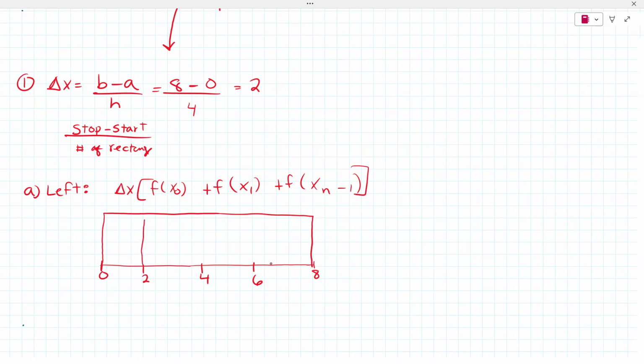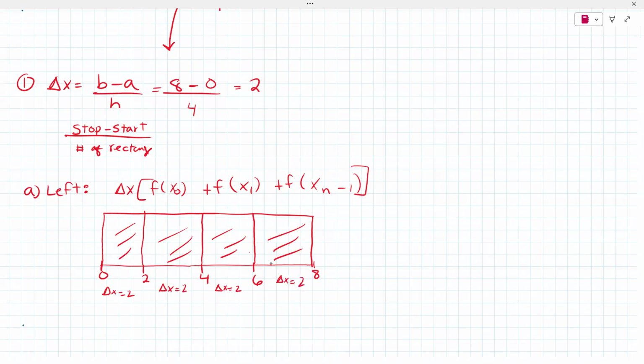Okay, so we got to find the left side of these four rectangles. From 0 to 2, what is the distance? It is 2. From 2 to 4, the delta x is also 2. From 4 to 6, the delta x is also 2. And then from 6 to 8, the delta x is also 2.